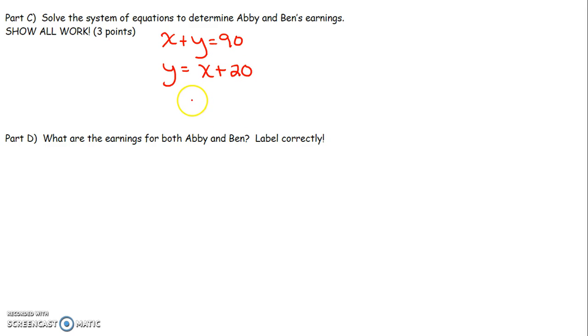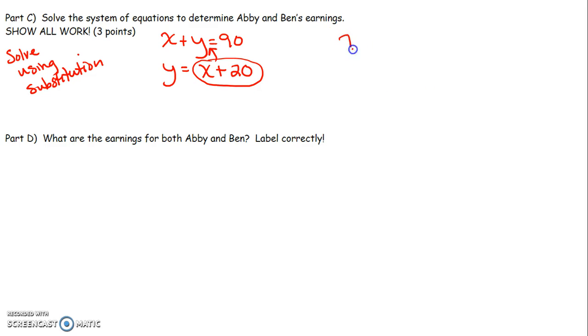As I see this, I know I'm going to solve using substitution. Here's the deal. If you already have y equals something with x's, as long as y is by itself on one side in one of the equations, you take what it equals and shove it in place of y in the other equation.